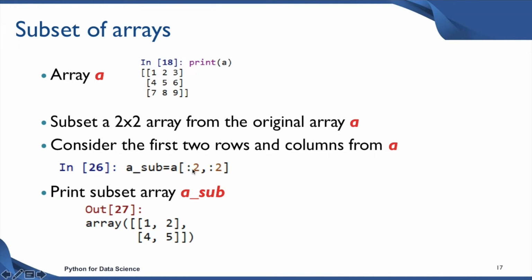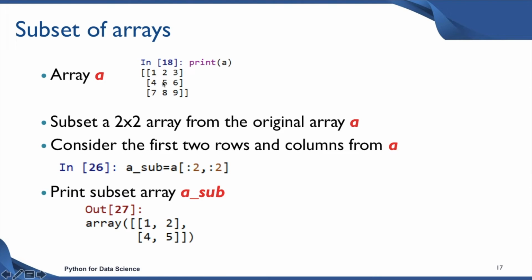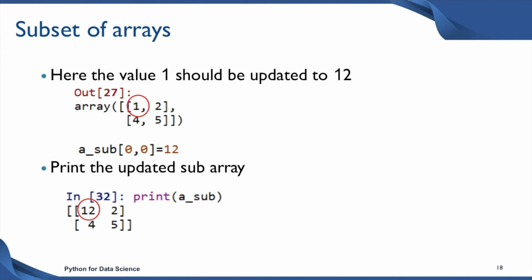We want rows 0 to 2, that is, both the rows we want. In this we only want columns 0 to 2, not the third column, we don't want the third column. So 1, 2, 4 and 5 will come, right? So this is how you can create a subset of an array, right?